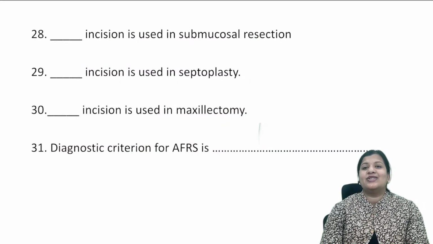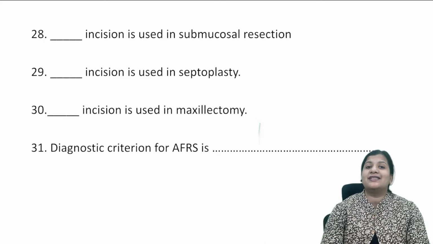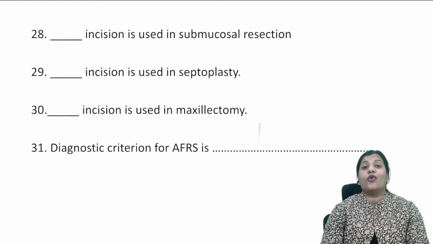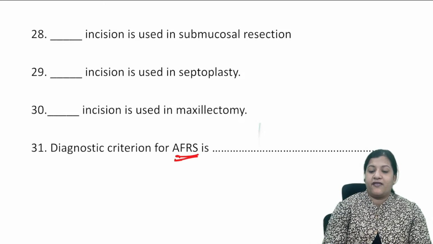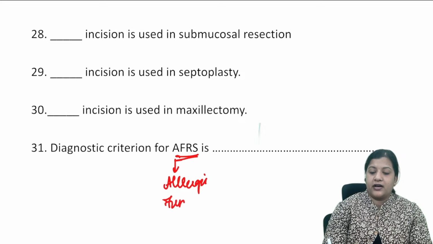What incision is used in SMR? What incision is used in septoplasty? What incision is used while doing maxillectomy? And what is the diagnostic criterion that you use for allergic fungal rhinosinusitis? AFRS stands for allergic fungal rhinosinusitis.